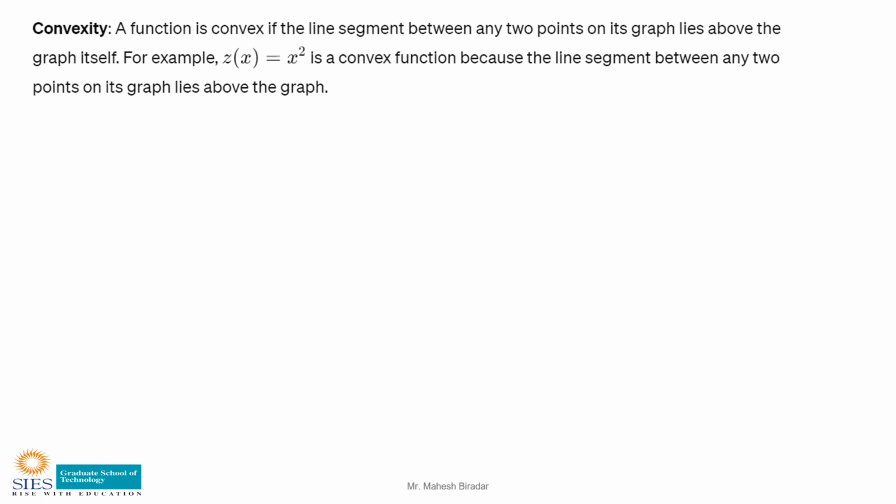Let us understand what is meant by convexity. A function is convex if the line segment between any two points on its graph lies above the graph itself. For example, z of x is equal to x square.